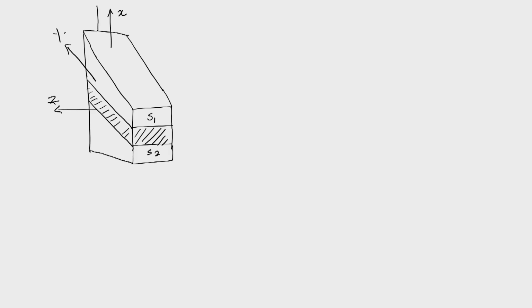Then there is an ammeter and this has been biased. So, this has say a width of 2a and so on. So, this is the picture of a junction.